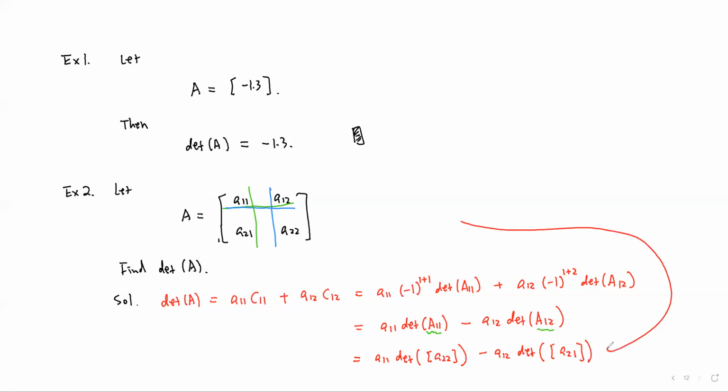The determinant of a 1 by 1 matrix is only the entry. So it is a11 times a22 minus a12 times a21. Done.